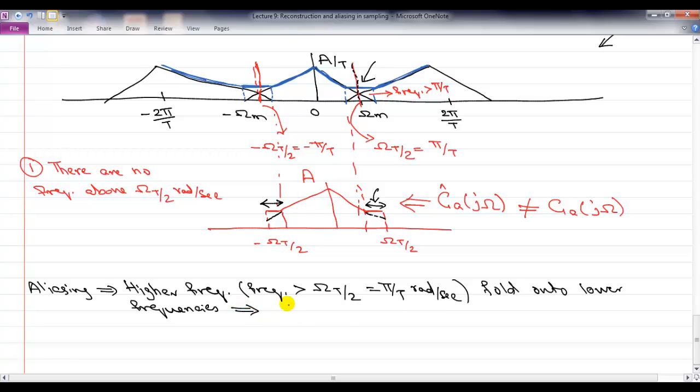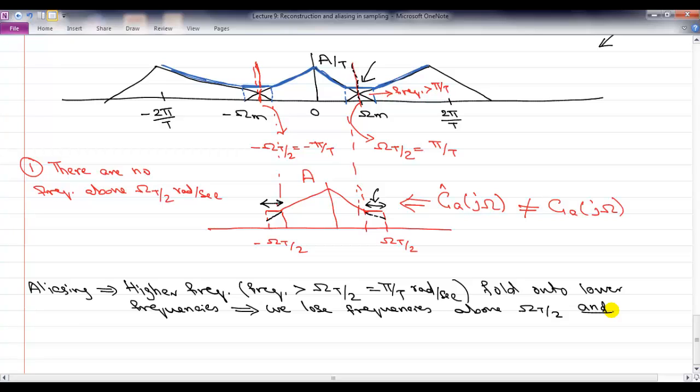And what this means is that you have two effects. One is you are losing frequencies above omega_T by 2. But not only that, but because they are folding into the lower frequencies, you don't really know when you reconstruct your signal if those frequencies were originally present in the signal or they came about because they folded into lower frequency.